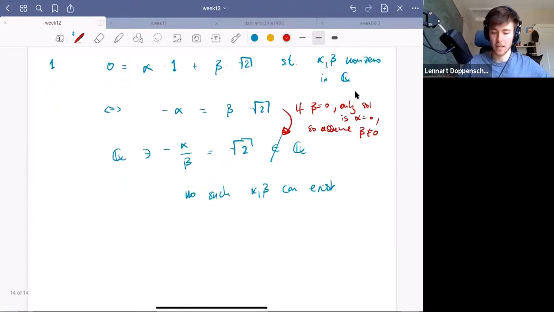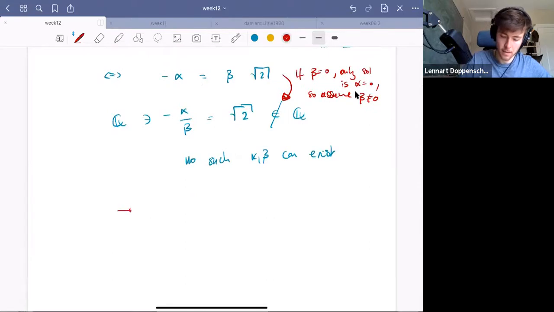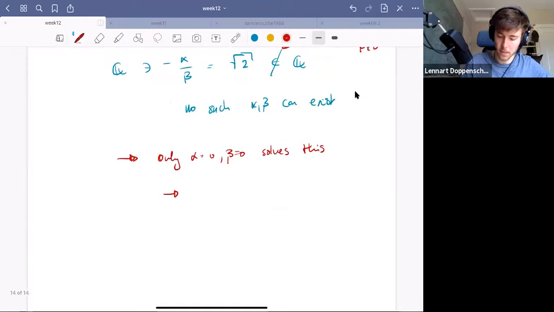But then I find that this leads to a contradiction. This leads me to the conclusion that only alpha equals 0, beta equals 0 solves this. And this means that this is linearly independent.